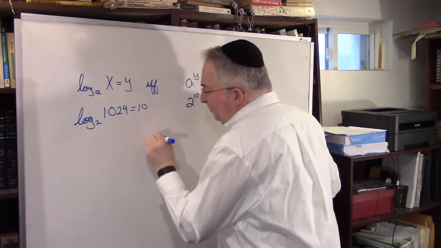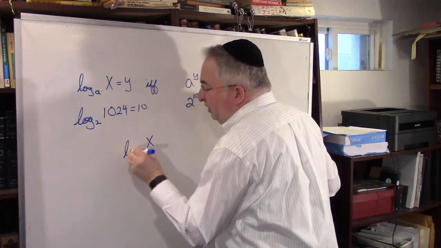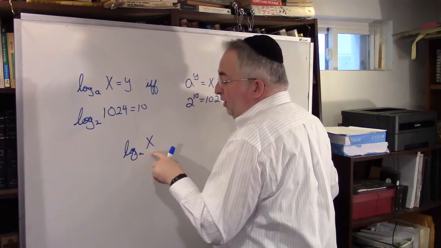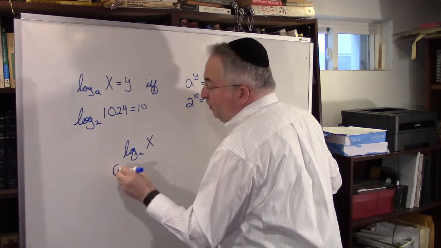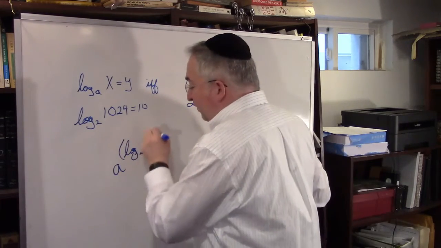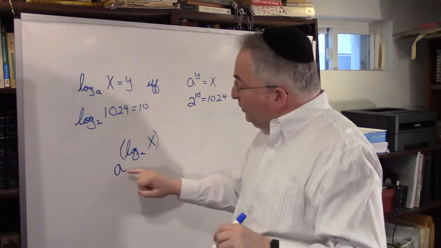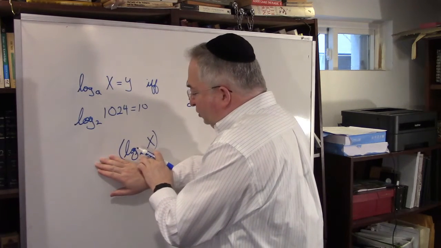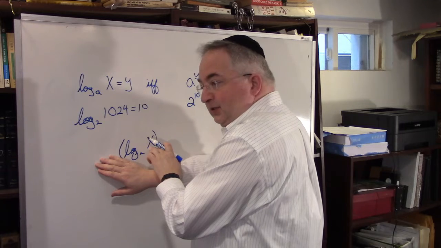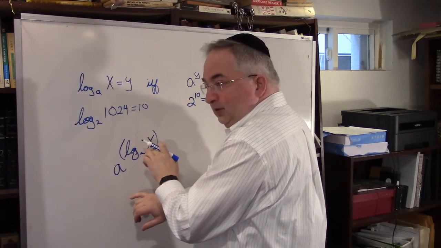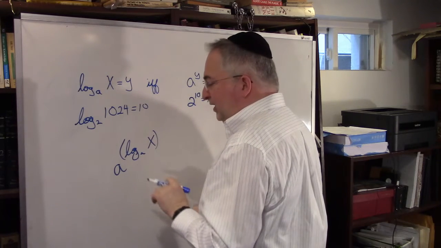So let's do it. Take a number x. Take log base a of it. Now take the exponent of that. Now ask yourself the following question. What do you have to raise a to in order to get x? Whatever that number is, raise a to it. Well, what are you going to get? Let's say that again.